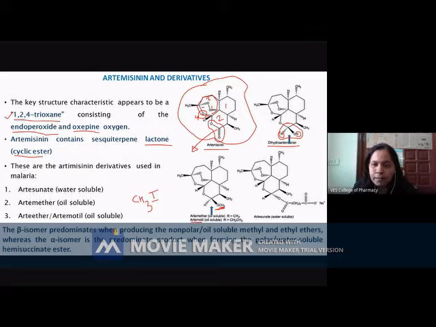Because it is an OCH3, that is a methyl ether, the name of the compound becomes artemether. While if I react the same compound dihydroartemisinin with ethyl iodide, that is C2H5I, then I will get OC2H5. So R is OCH3 in case of artemether, and in case of artemotil or arteether, the R group is OCH2CH3, that is OC2H5.